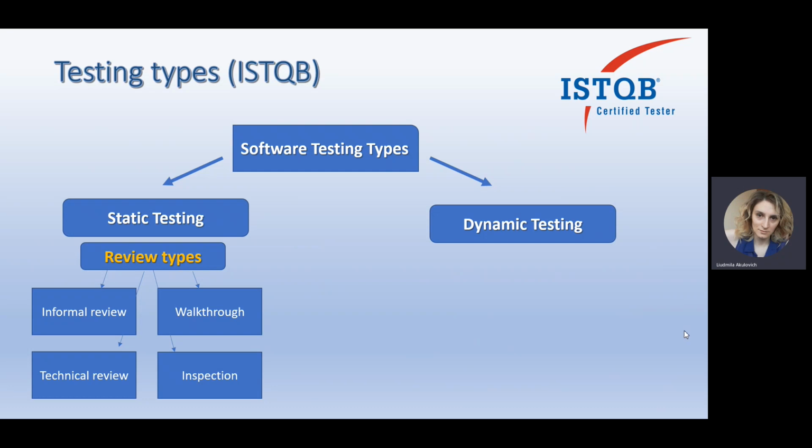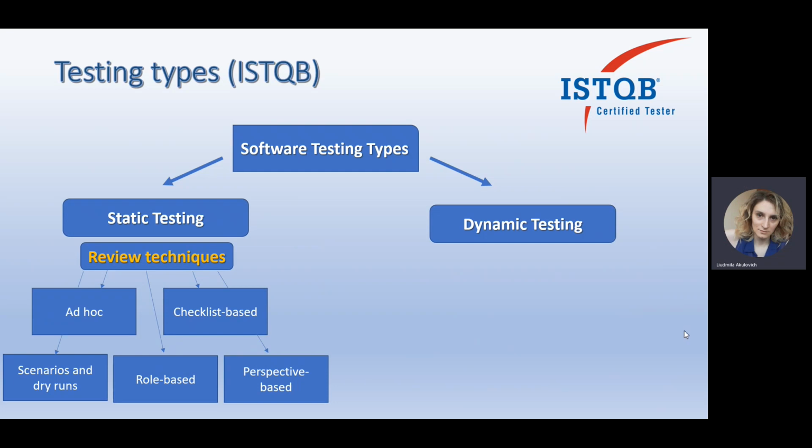The last review type is inspection. I suppose you understand that this is the most formal way of reviewing. It follows a definite process with formal documented outputs, and it is 100% based on rules and checklists.